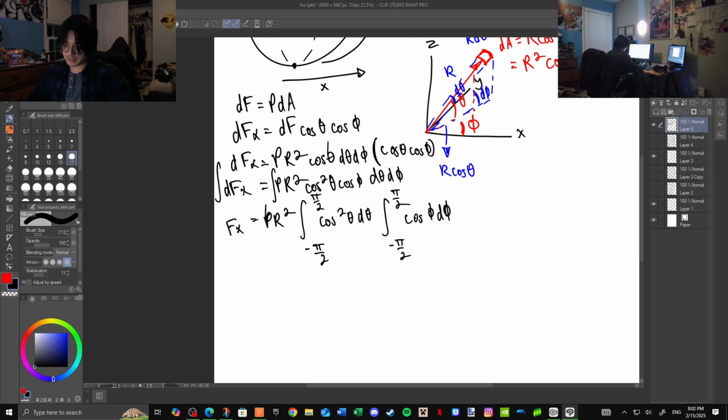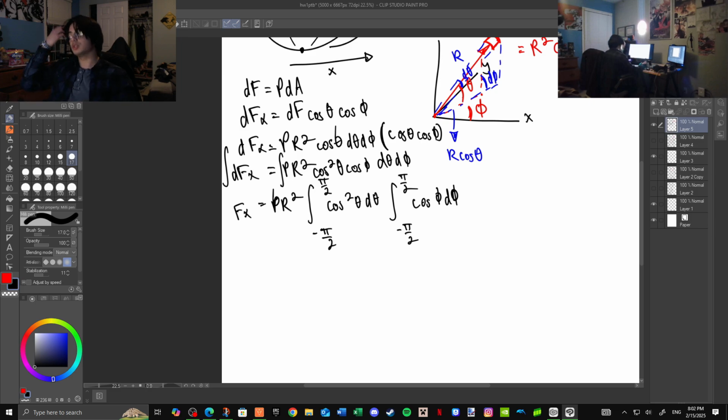There we go. So now we need to simplify this equation, find the integrals. So starting off with this, it's exactly the same as the previous problem. The integral of cosine phi is just sine phi.